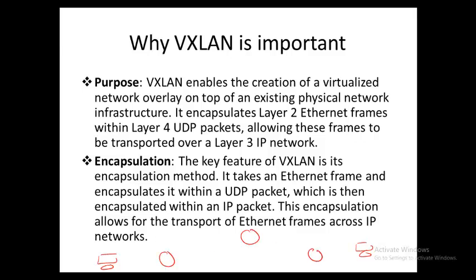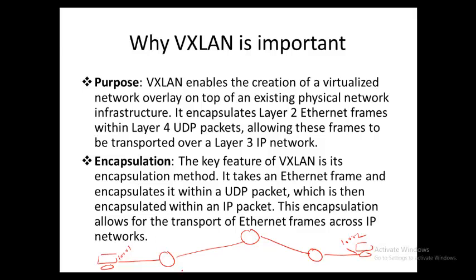But unfortunately, you have a layer 3 network in between. This computer is 10.0.0.1 and this is 10.0.0.2. You want these two to communicate, but how is that possible when you have routers in between?